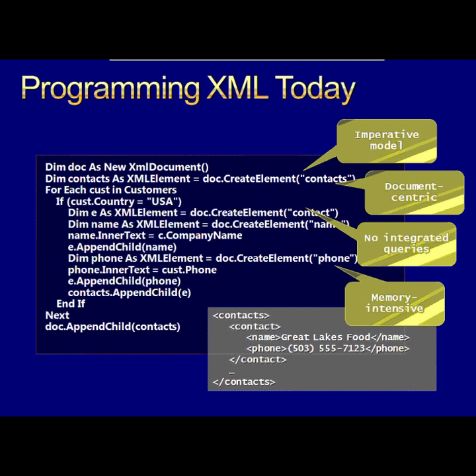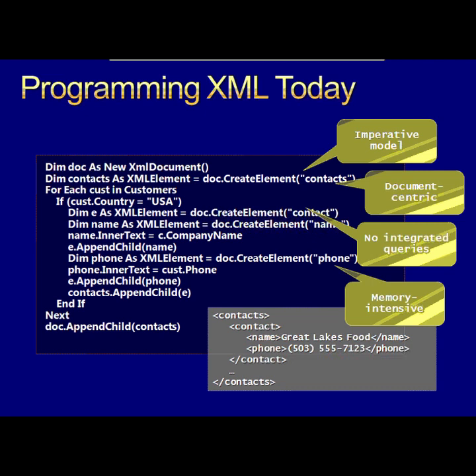You have to actually create a document object and then ask that object to create elements. So you can't have a fragment, for instance. You have to be constructing an entire document. And the XML DOM is not enumerable itself, so you can't actually write LINQ queries against it. Additionally, it's pretty memory intensive because you're working with an entire document all the time.